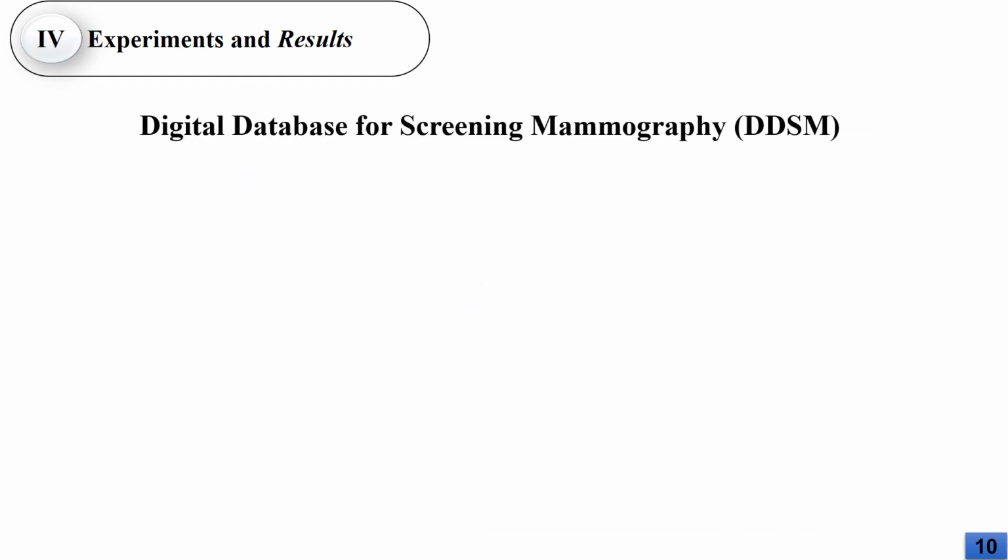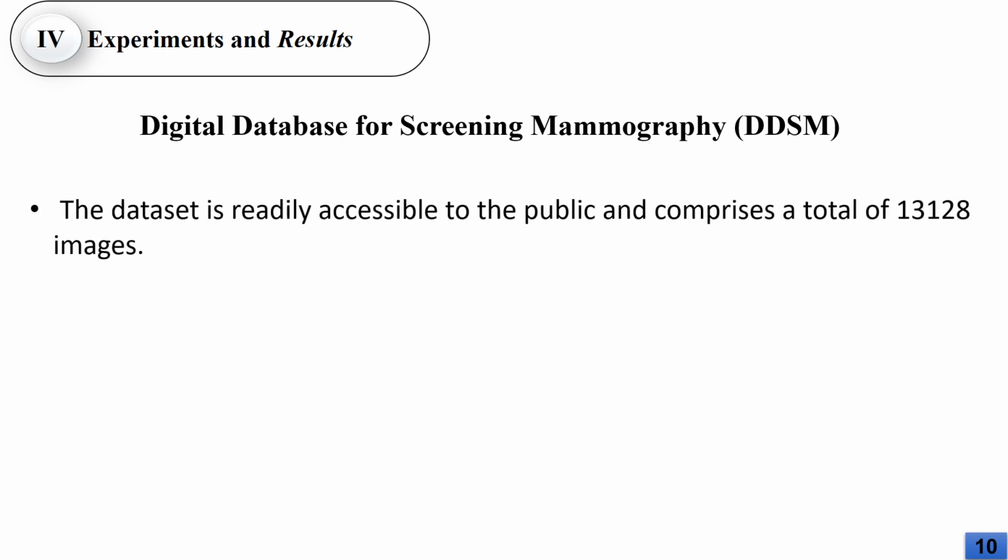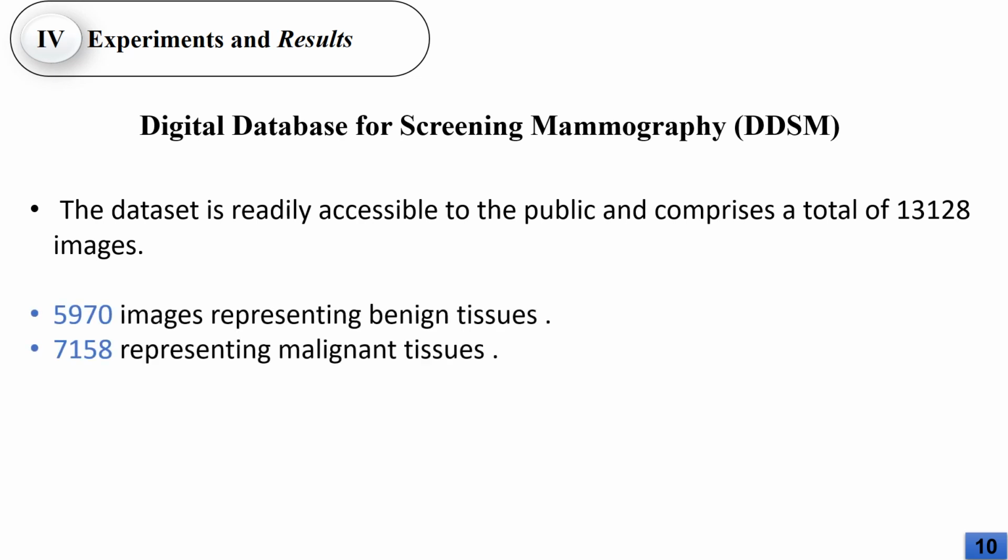And now the database used in our work, the DDSM database, the Digital Database for Screening Mammography. The dataset is readily accessible to the public and comprises a total of 30,128 images.